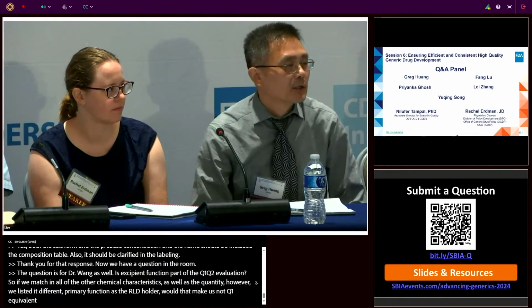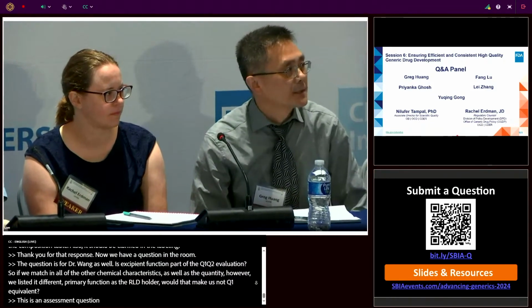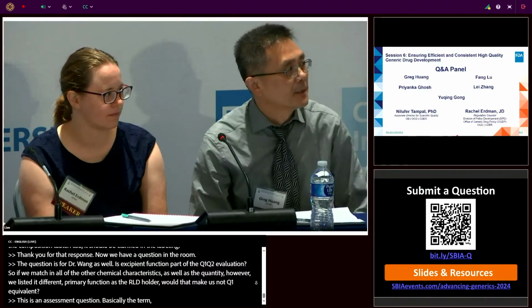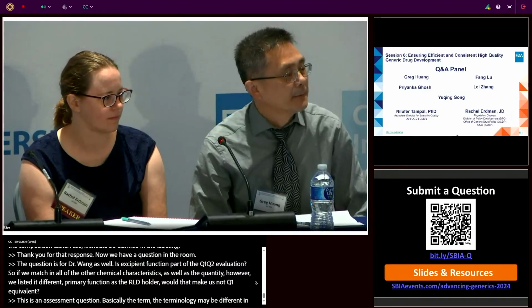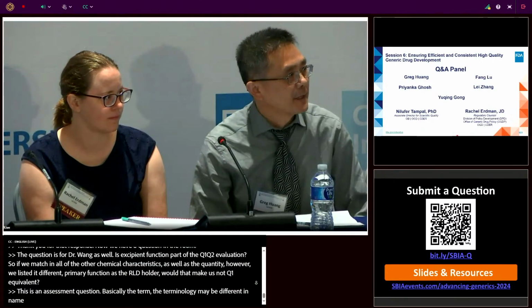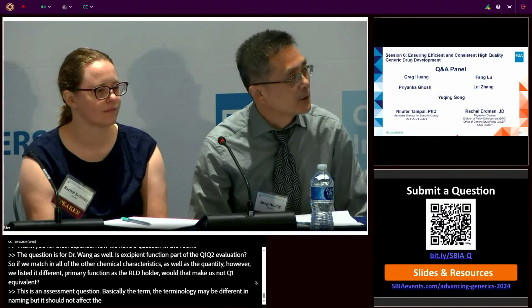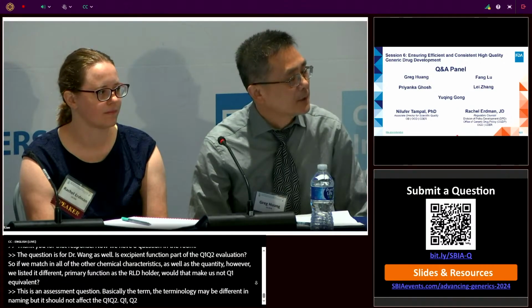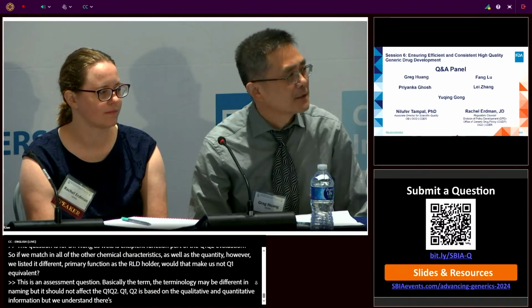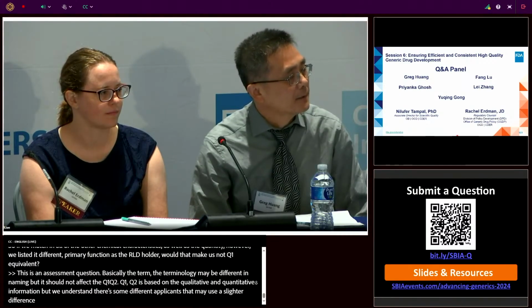This is an assessment question. Basically, the terminology may be somewhat different in the naming, but it should not affect the Q1, Q2. Q1, Q2 is based on the qualitative and quantitative information, but we understand that different applicants may use slightly different naming, but the role should be equivalent.